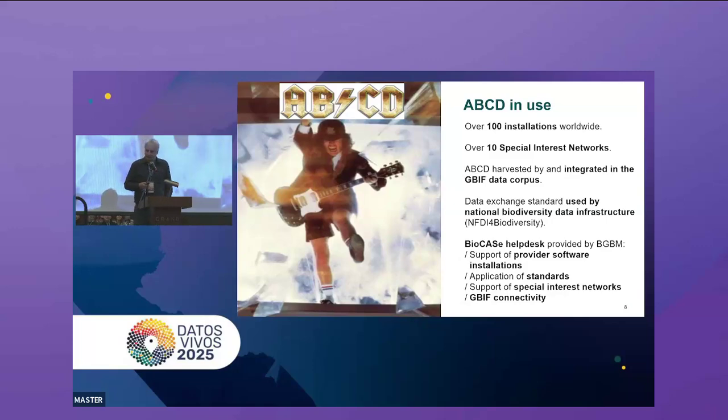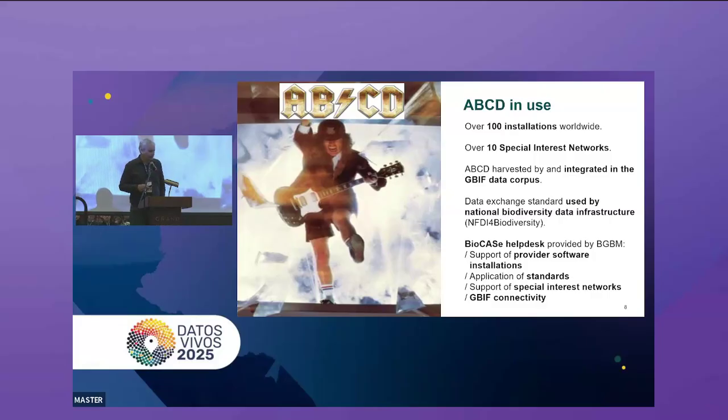So how is it used? There are presently 100 installations worldwide of ABCD providers over 10 special interest networks. ABCD is integrated into the GBIF data corpus. It is heavily used in the national context in Germany by a structure called NFDI4Biodiversity, for data exchange between components in the system.